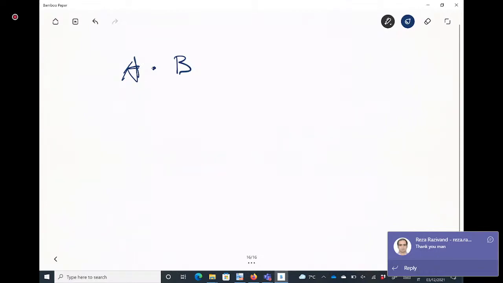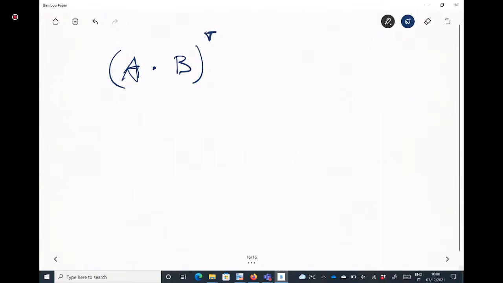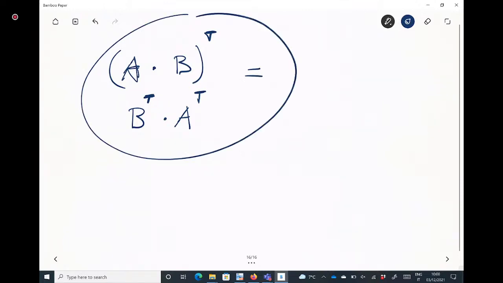Now, suppose that you compute A times B, and then you want to take the transpose of the product. Compute this, and then you take the transpose of the result. This is equivalent to multiplying the transpose of B times the transpose of A. Okay, so this is the most important property with matrix transposition.